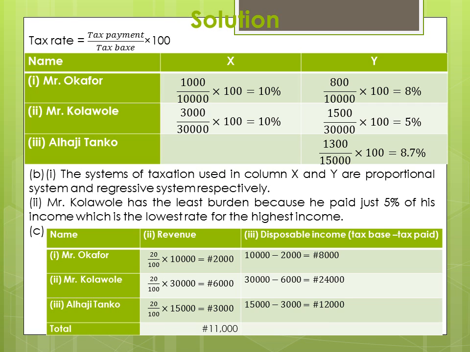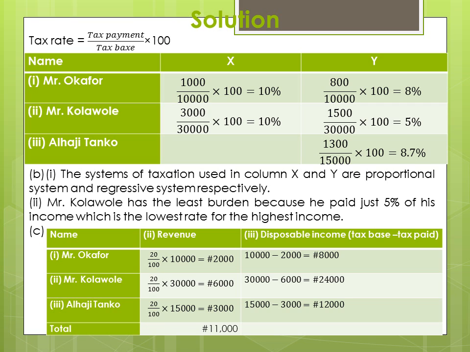Mr. Okafor will pay 2,000 naira. Why? Because 20% of his income is 2,000 naira and his disposable income, which is tax base minus tax paid, that is 10,000 minus 2,000, will give us 8,000.